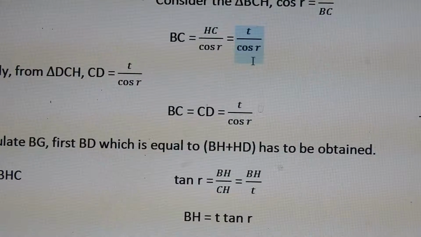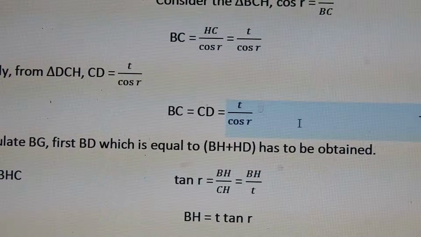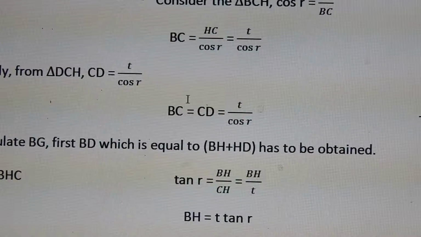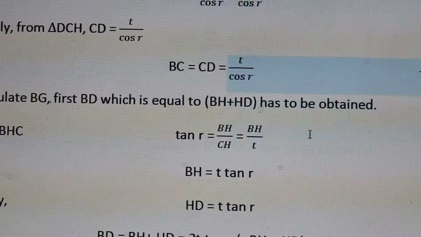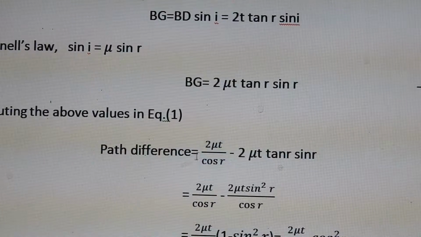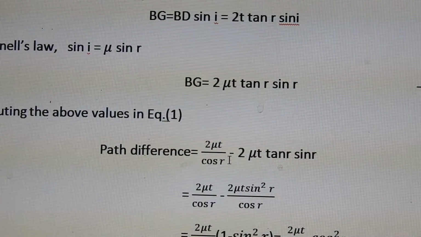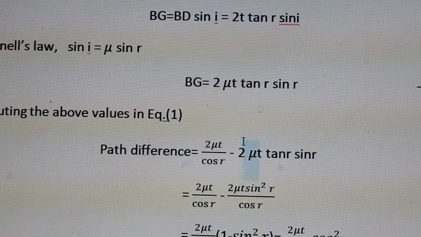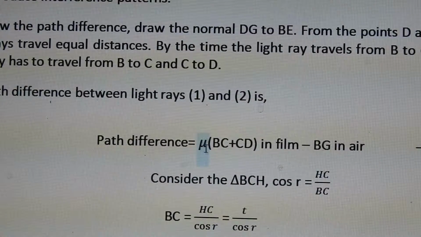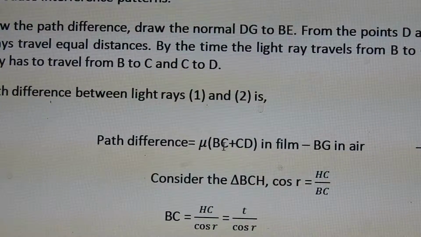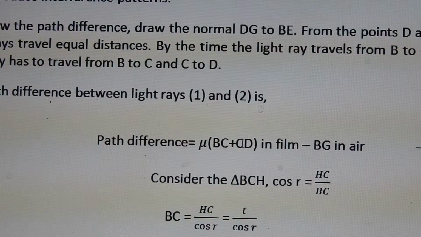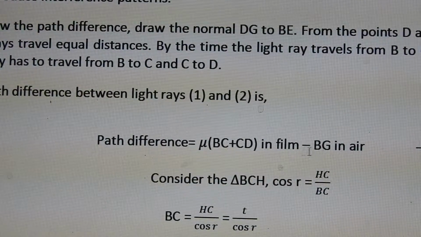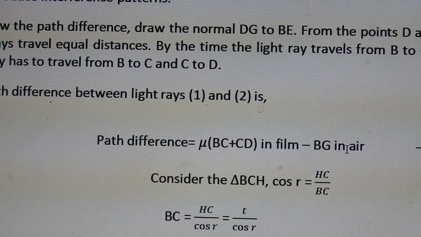BC is T by cos R. So BC plus CD we have to write here, 2 mu T cos R, because here you can understand mu into BC plus CD, BC is equal to T by cos R, CD is also T by cos R. So I can write here mu into T by cos R plus T by cos R in film, minus BG.